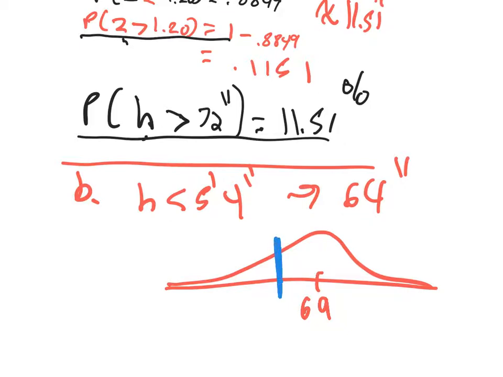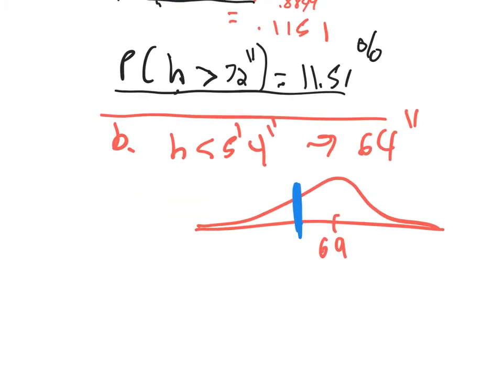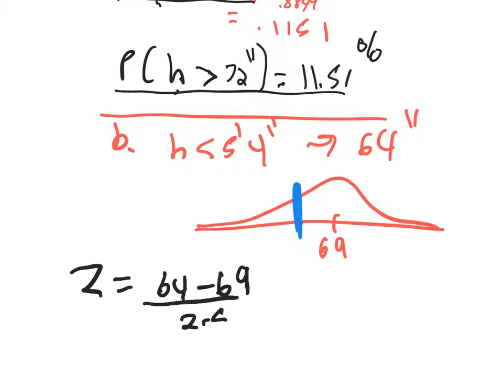To the left somewhere over here. Okay? So when I do the Z-score, I bet you it's going to be negative. Z equals 64 minus 69 divided by 2.5. What is my Z? Negative what? Exactly a negative 2.